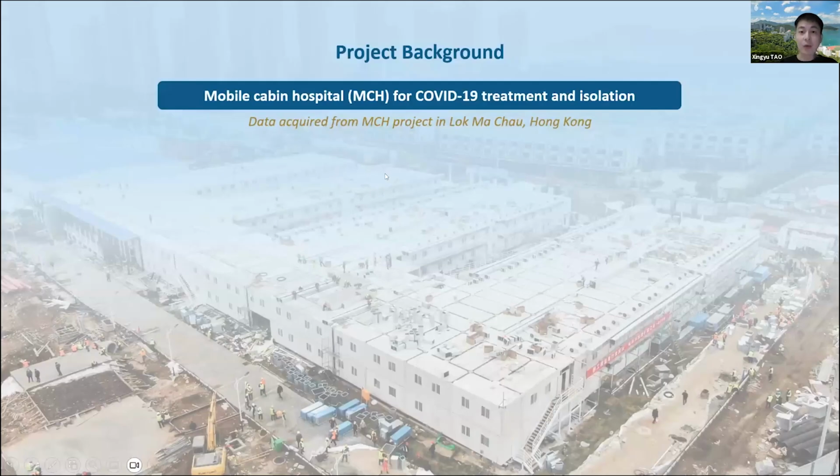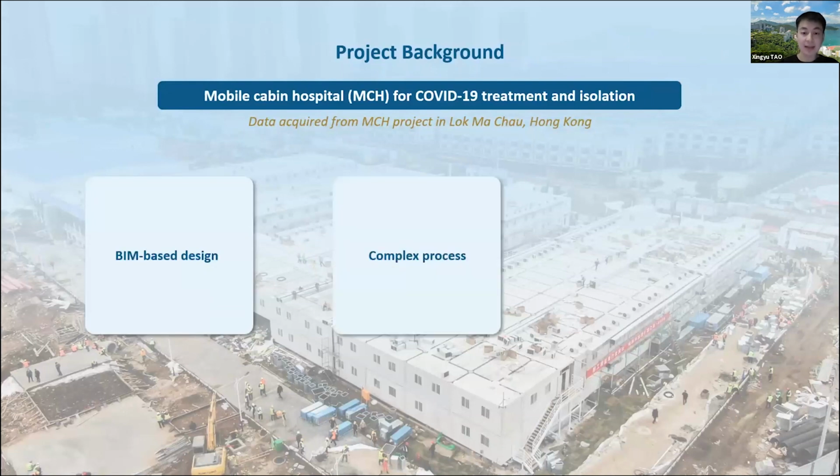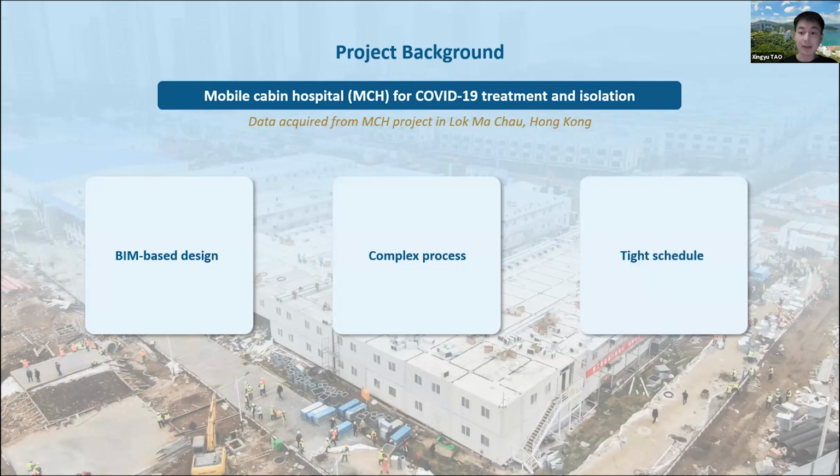We also applied our prototype in a project, the mobile cabin hospital in Hong Kong for COVID-19 treatment and isolation. This kind of hospital project has a BIM-based design, a very complex process and a very tight schedule, which led us to hypothesize that blockchain can help.